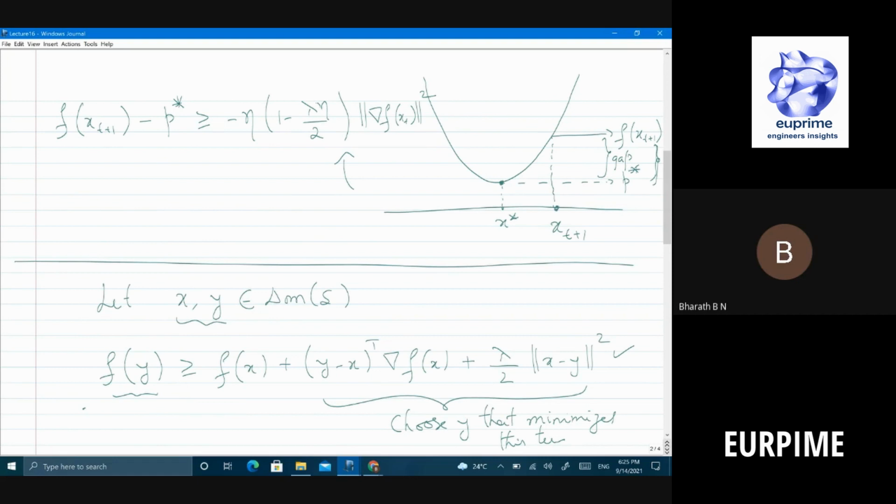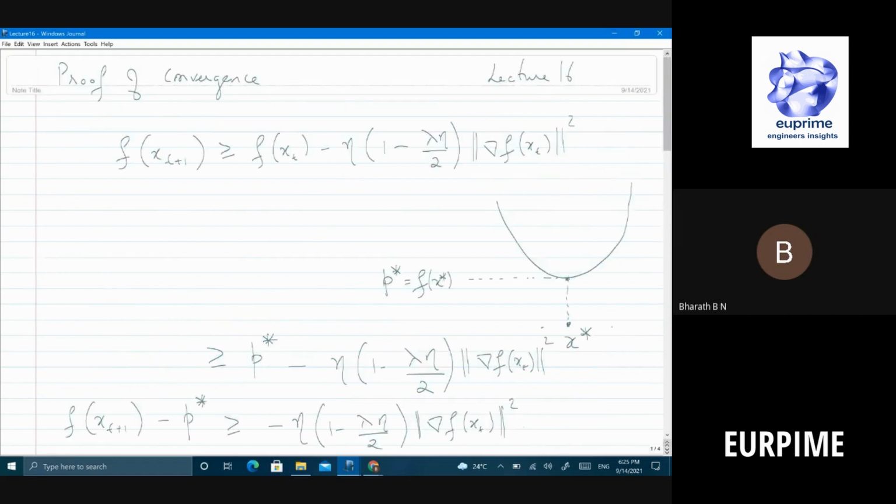Okay. So I have to fix this now. Where did we go wrong? Maybe let's revisit. Let's not do this. Let's keep this as is. Okay. F of xt is greater than or equal to, let me call this whole constant alpha. So it's alpha times the gradient squared, right? Let me call this 1.